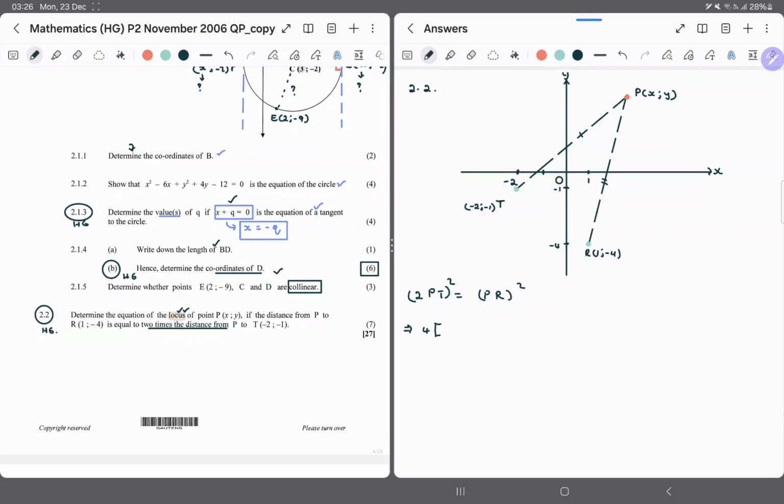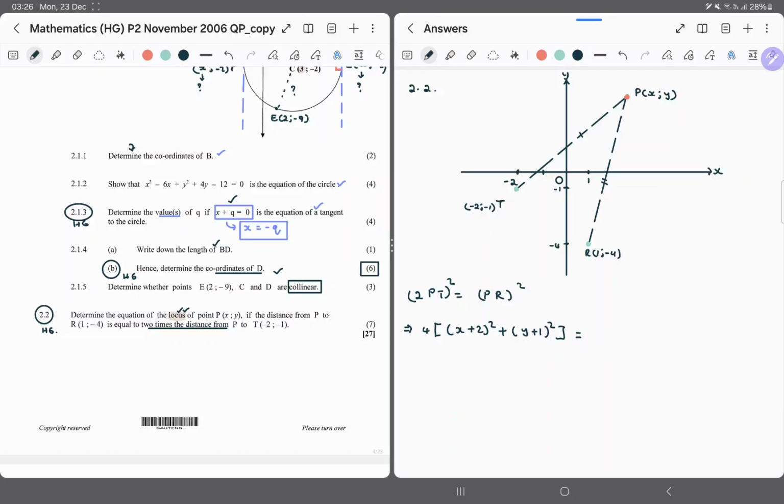Now PT is essentially, let's use P instead, so we can say this is x minus negative 2, so it's going to be x plus 2 all squared, plus y minus negative 1, which is y plus 1 all squared.